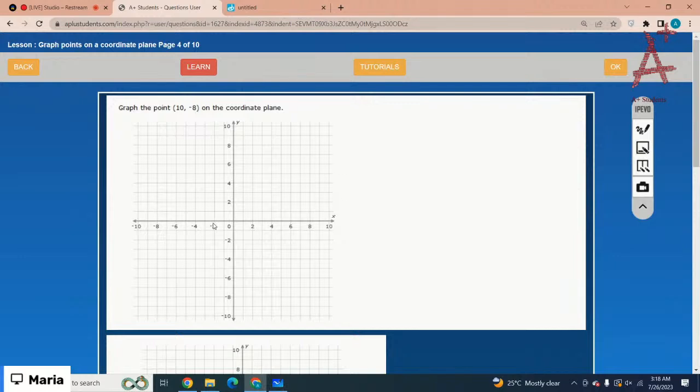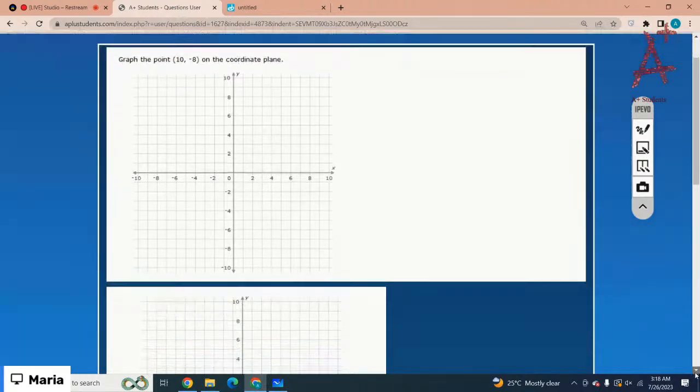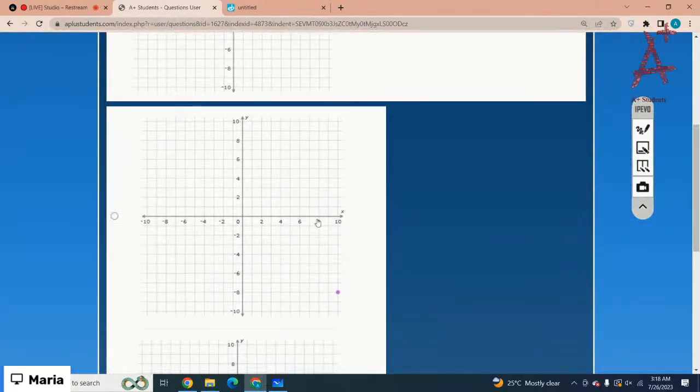So x is positive and y is negative, 10 and negative 8, so that would be in the fourth quadrant. That means the correct option is this one. X is 10 and y is negative 8. So that would be option number 1.